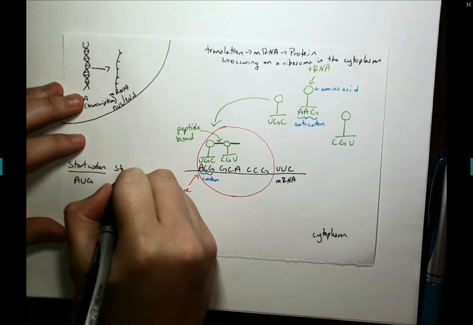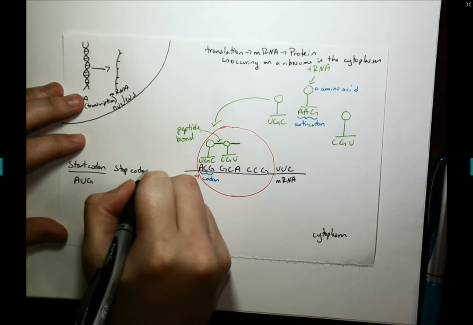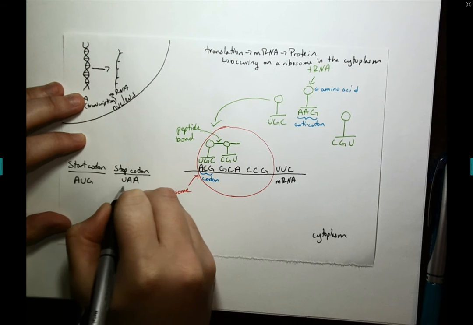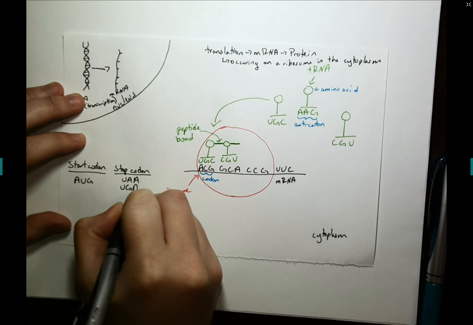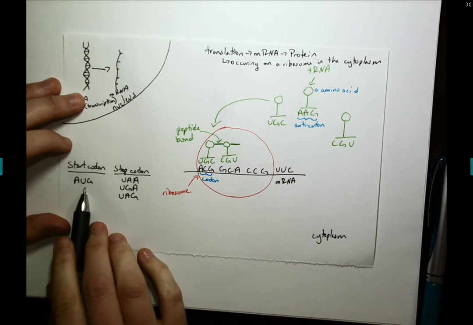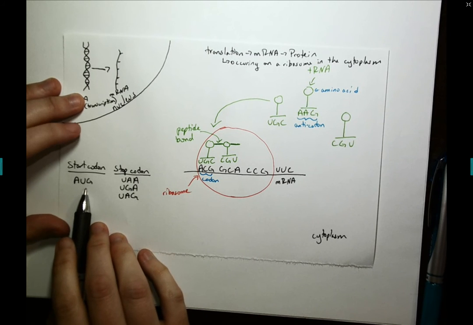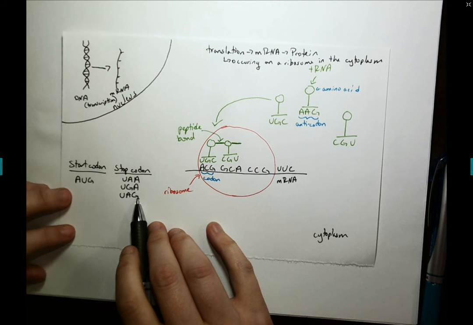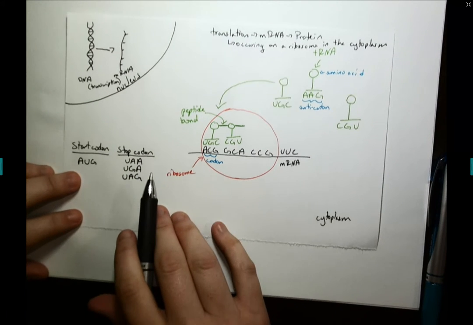And then, of course, we need a stop codon, which could be UAA, UGA, or UAG. So there's one start codon for protein synthesis, but 3 possible stop codons.